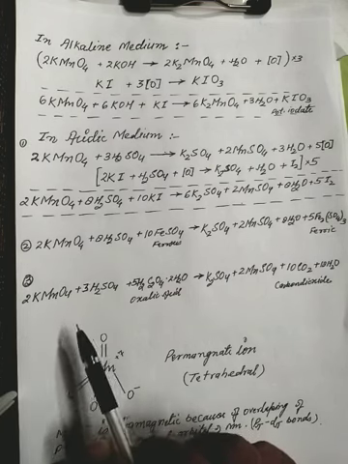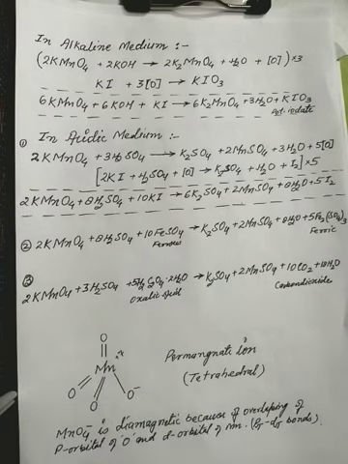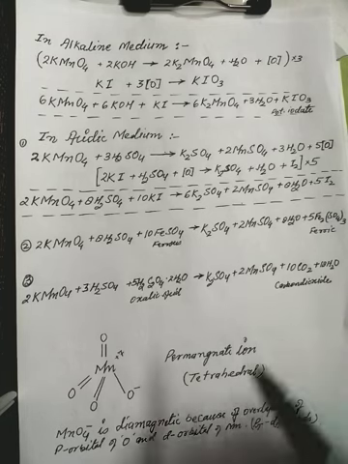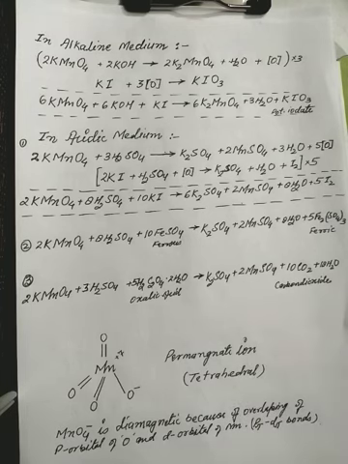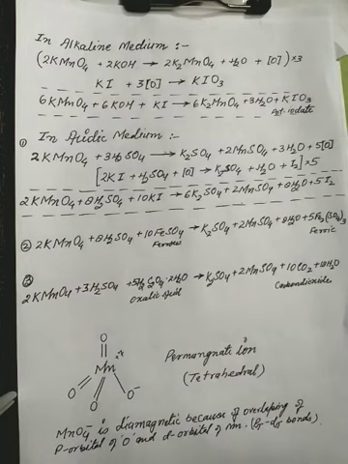In acidic medium, potassium permanganate is treated with oxalic acid and gives carbon dioxide, so oxalic acid is oxidized into carbon dioxide. Now you can see the balanced chemical equation.